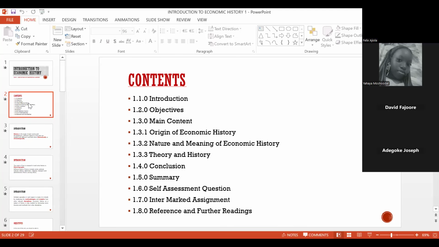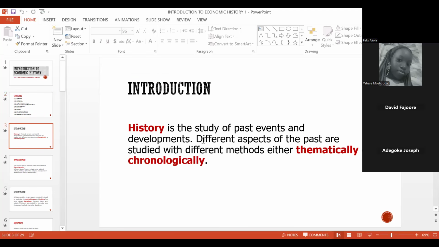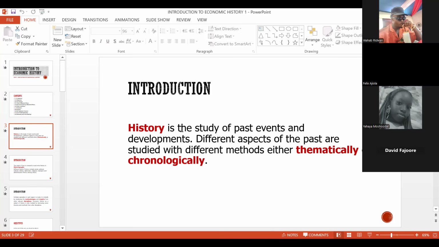In this course topic, we'll be looking at the origin of economic history, the nature and meaning of economic history, and the theory and history that shape economic history, and we summarize it. It is important to know that history is a study of past events and development in different societies.